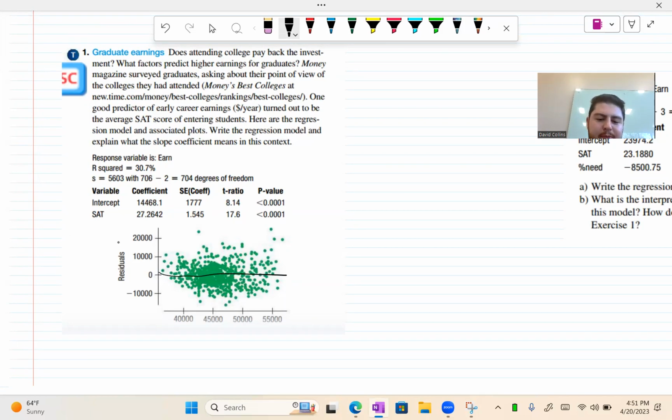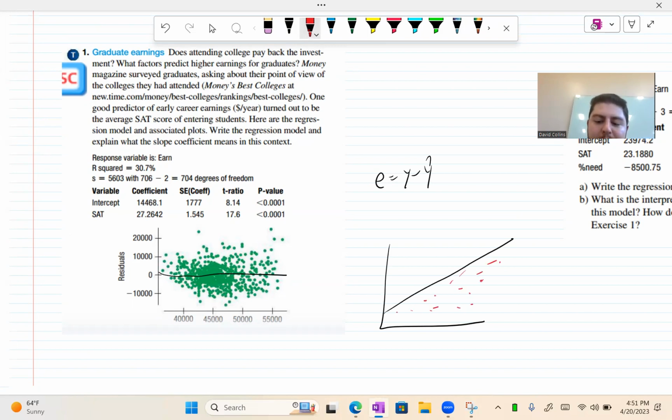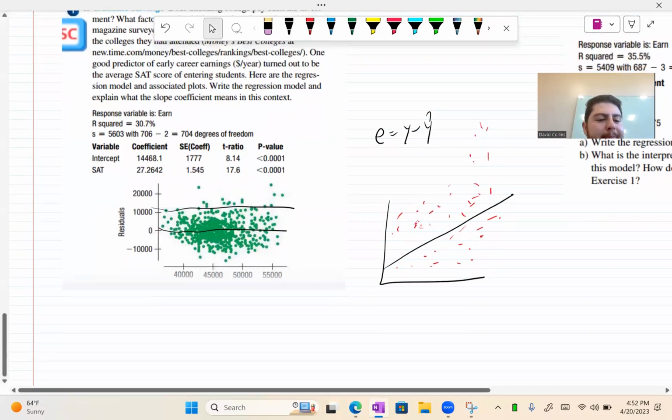So this is what it looked like, right? A positive, E is y minus y hat. So positive residual means your data is much above the line. So if this is your line, you have the points below, but you would have some high points. That could definitely be an issue. If the chart ended around there and anything above it wasn't there, then it'd be perfect. But there's definitely some cause for concern now.